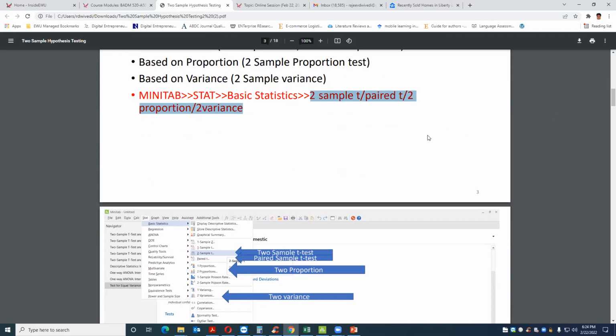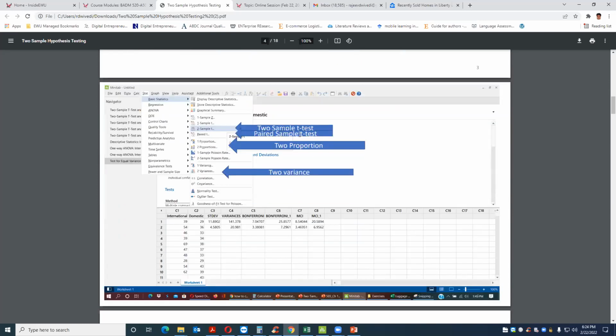Many people will not understand and will keep using only the two sample t-test directly, but you have to see the data first to decide which one is going to be used. I hope you can see my screen. These are the options right here: two sample t, paired sample, two proportion, and two variance.